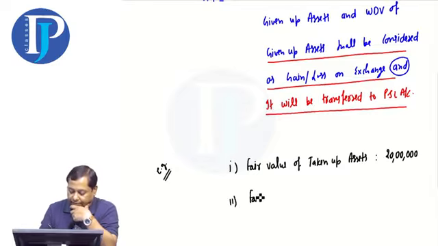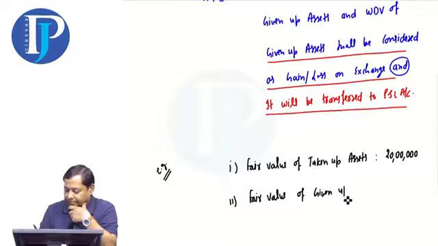Fair value of given up assets, I have both of these, is 25 lakhs.